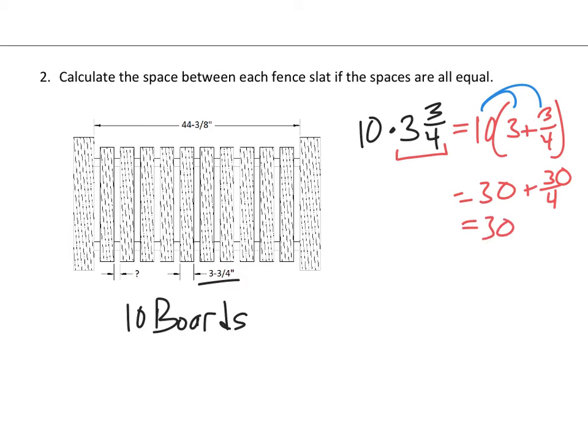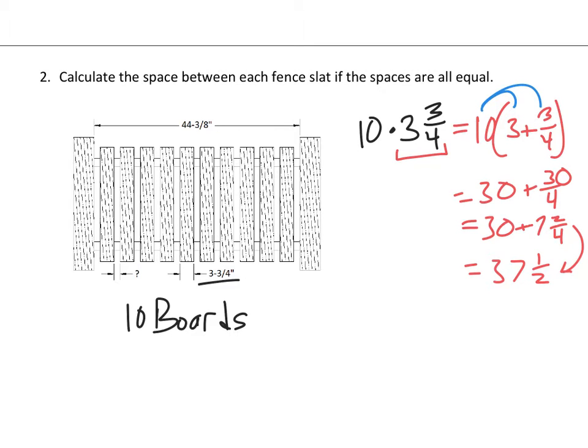Okay, 4 goes into 30 seven times, because 7 times 4 is 28. So this is 7 and 2 left over, 7 and 2/4. We convert that improper fraction to a mixed number, so this is 37 and 2/4, or 1/2. We'll simplify that fraction there.